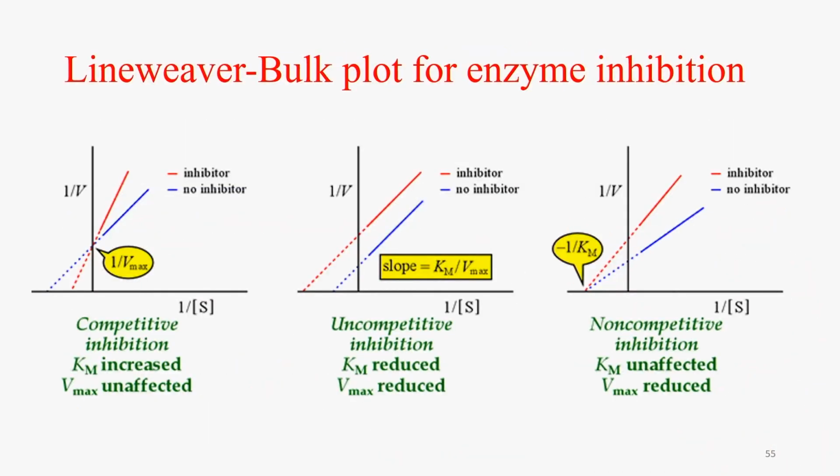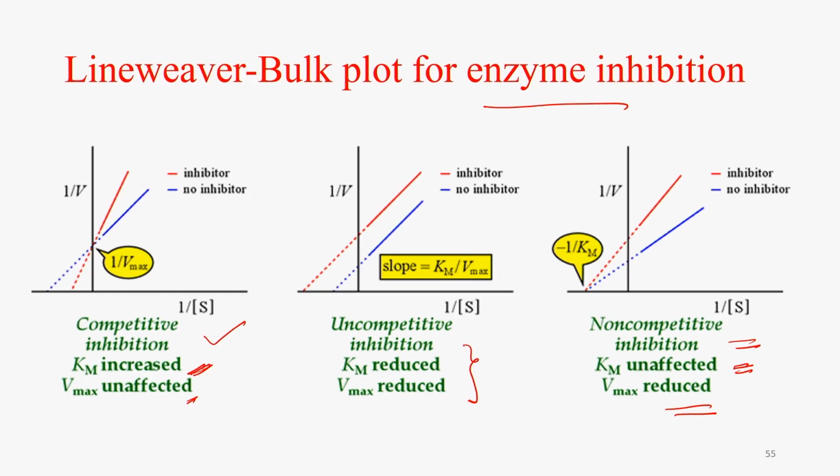So, we can quickly revisit all three types of inhibition. In case of competitive enzyme inhibition, Km was increased, V max remains unaffected. In case of uncompetitive, both Km and V max are reduced, and in case of non-competitive, V max is reduced and Km remains unaffected.